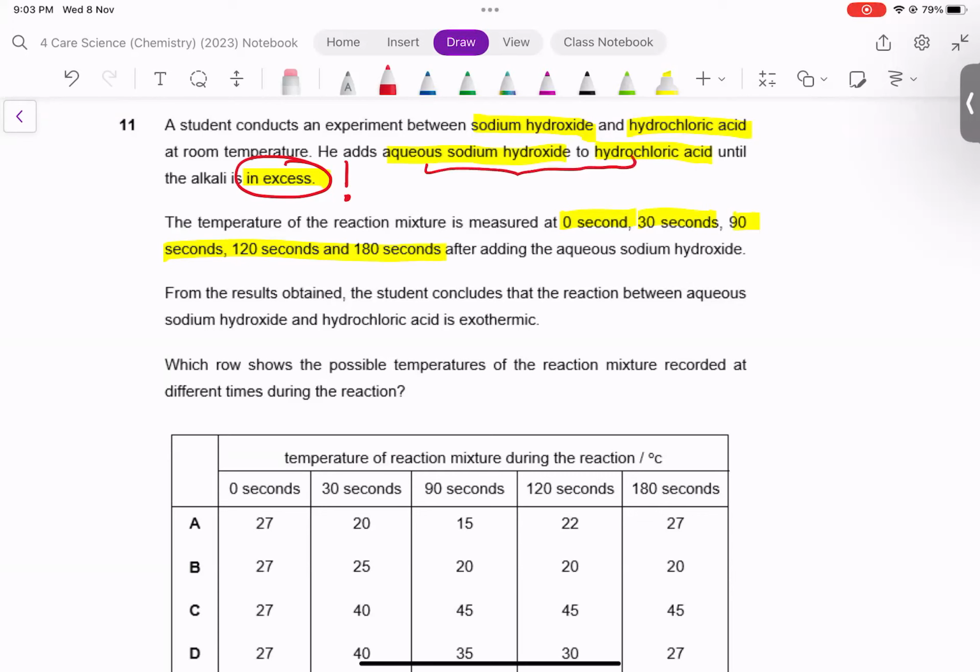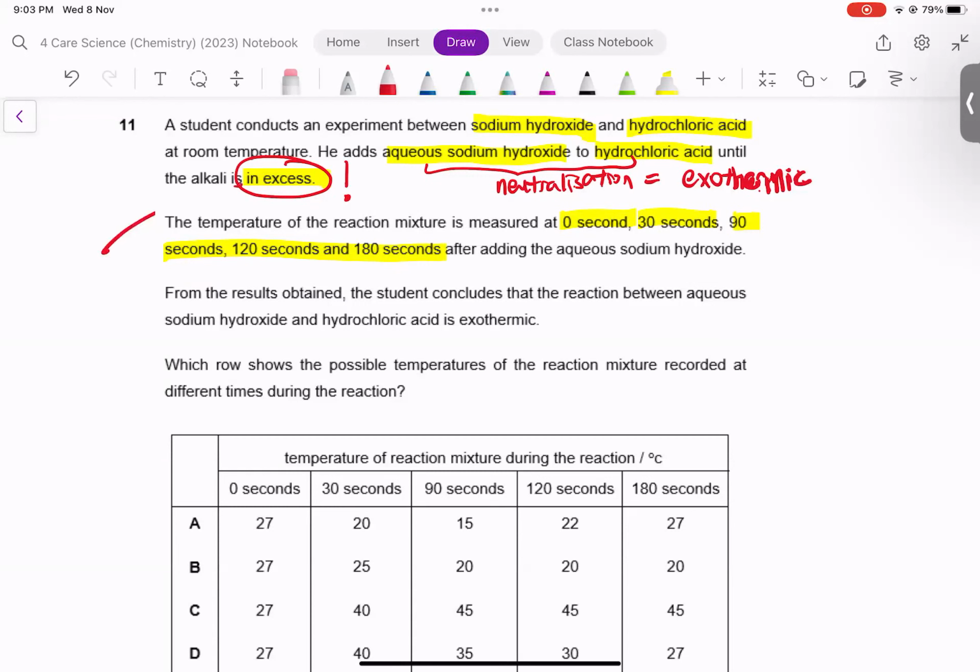Once you know it's sodium hydroxide to hydrochloric acid, the reaction is neutralization. Neutralization is exothermic. You know that from your revision. Neutralization is very exothermic. All right. Now, the issue here is the alkali was added in excess. So the alkali is in excess.